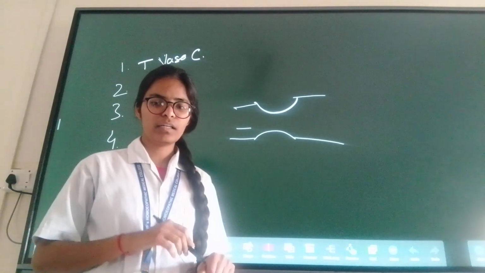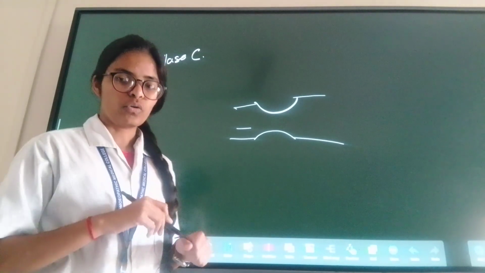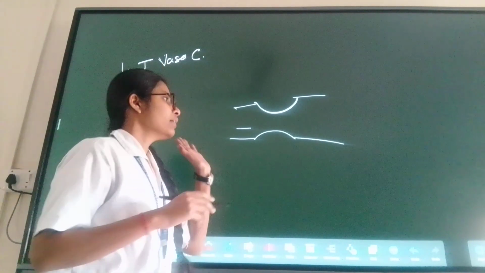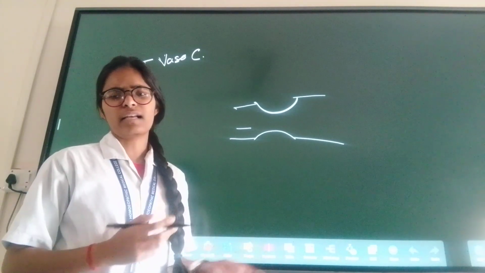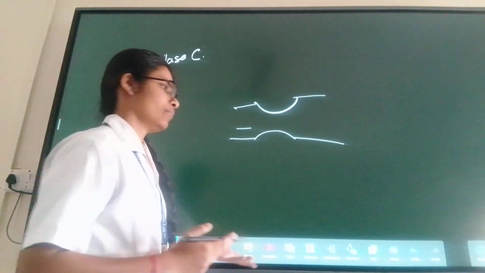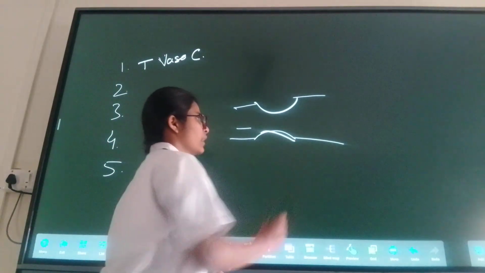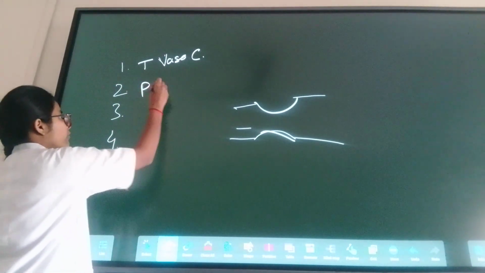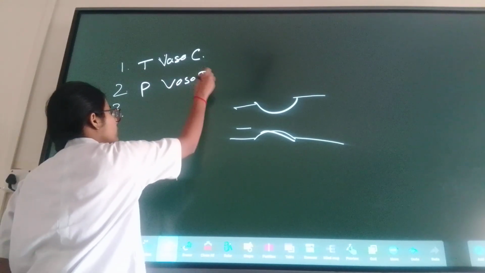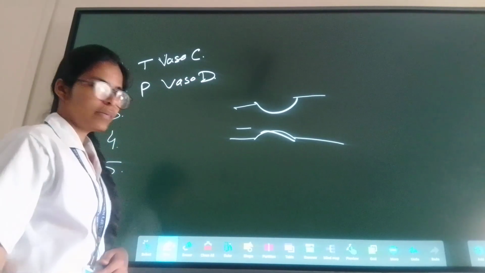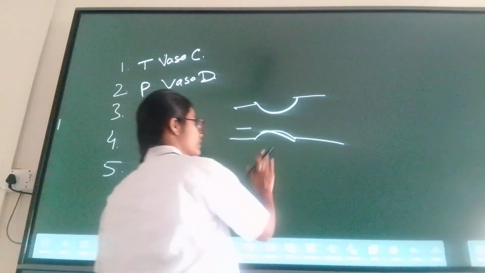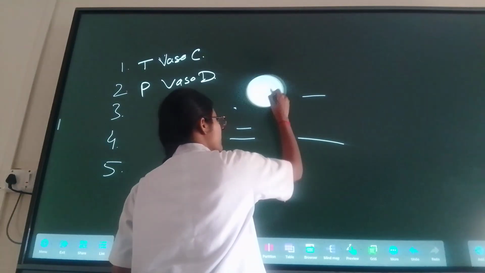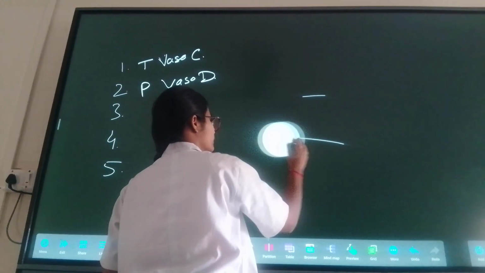If there is injury to any tissue or any area, there is localized transient vasoconstriction. Now what is transient? Transient means temporary. Then there is persistent vasodilation. This is the first step. And second is persistent vasodilation.